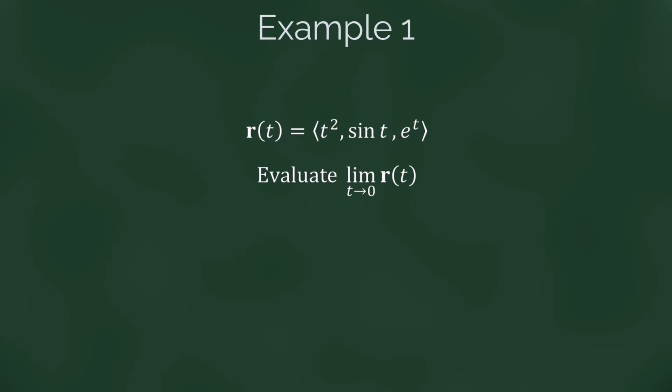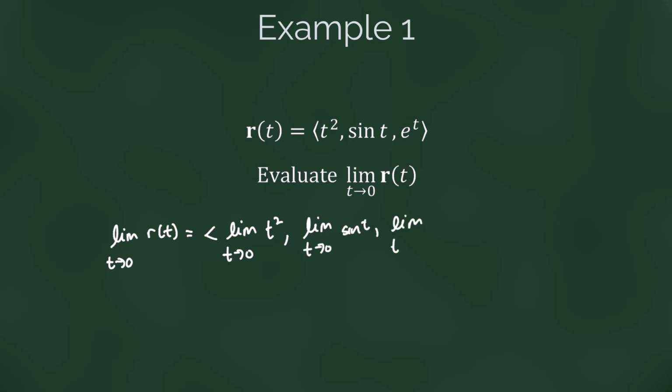Let's take a look at a pretty straightforward example. Here we have the vector-valued function r of t equals t squared, sine of t, e to the t, and we want to evaluate the limit as t approaches 0 of this function. Well, we know that the limit as t approaches 0 of r of t is going to be a vector given to us by the limit as t approaches 0 of t squared, the limit as t approaches 0 of sine of t, and the limit as t approaches 0 of e to the t.